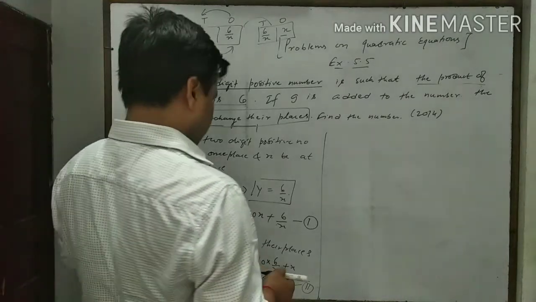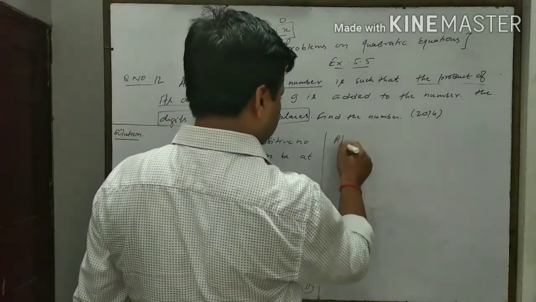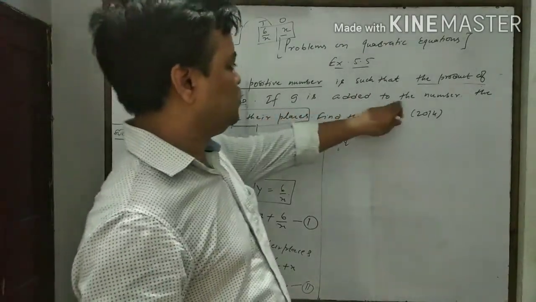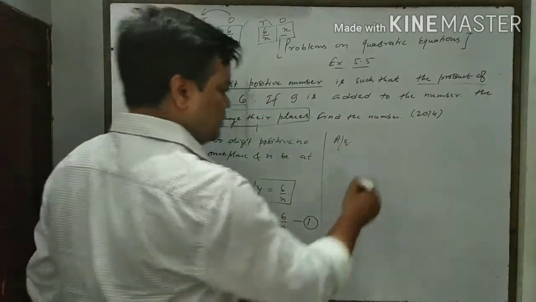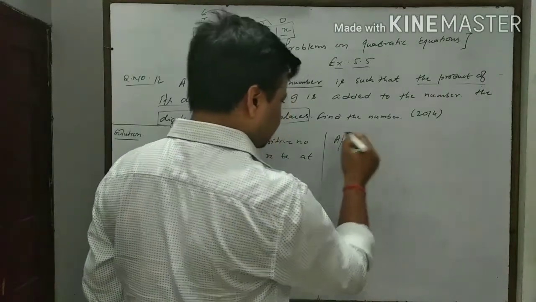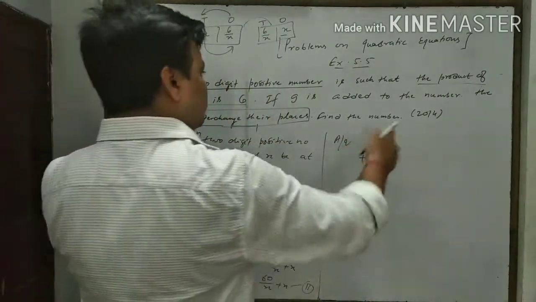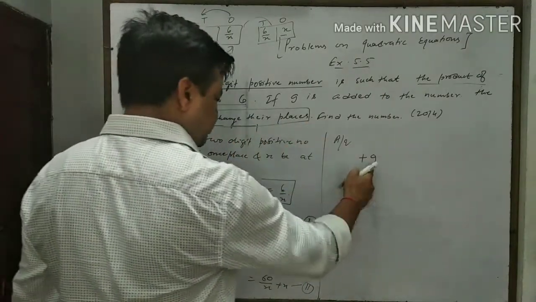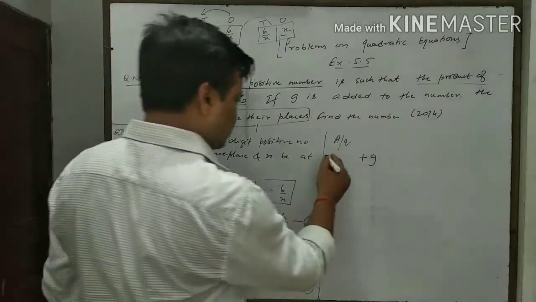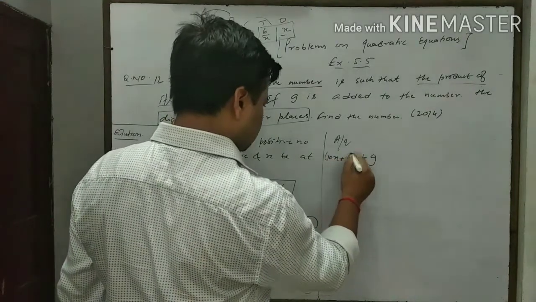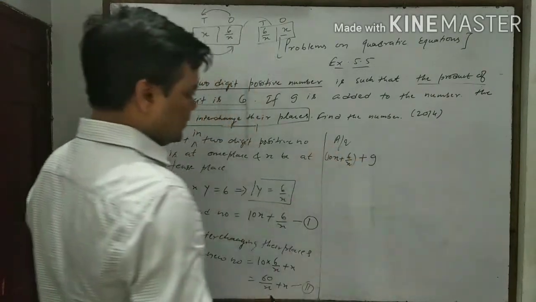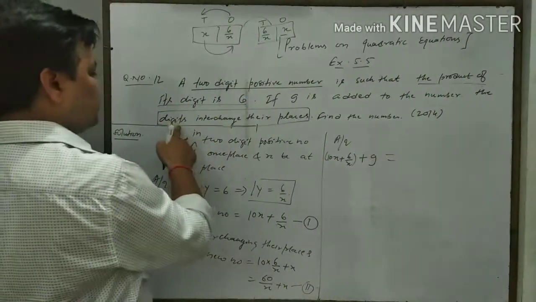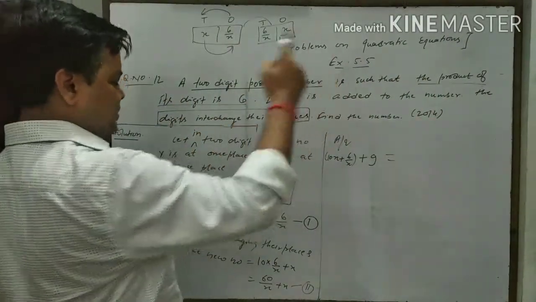Again, according to the question, if 9 is added to the number, the digits interchange their places.